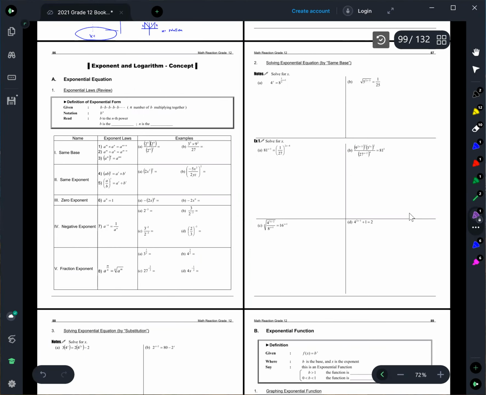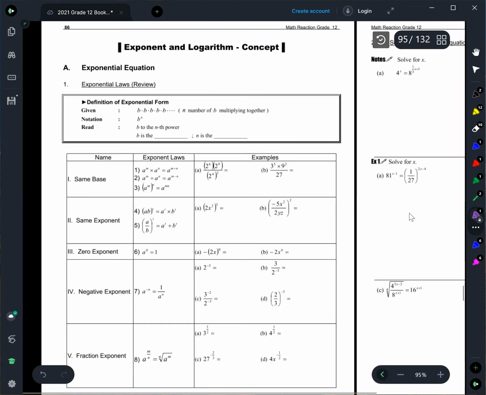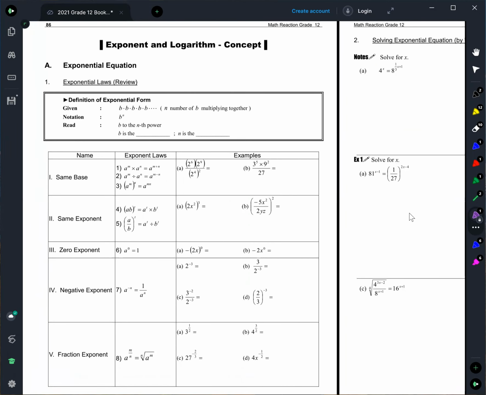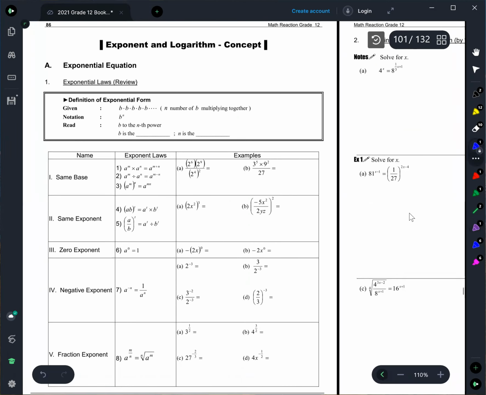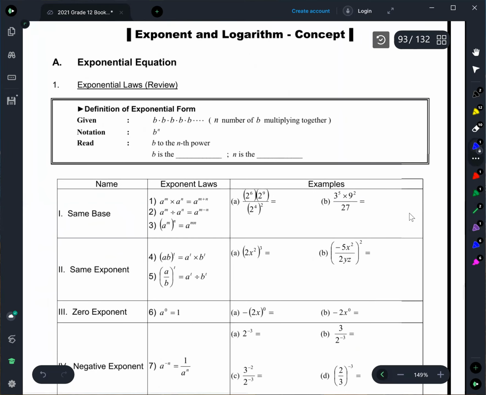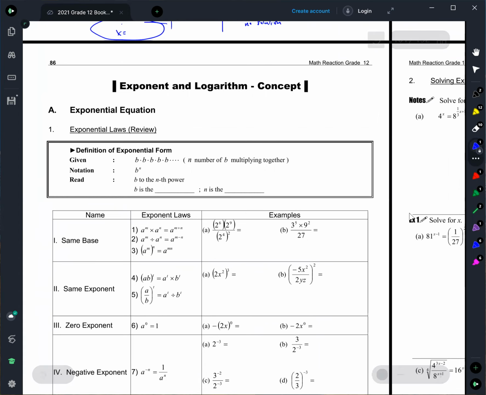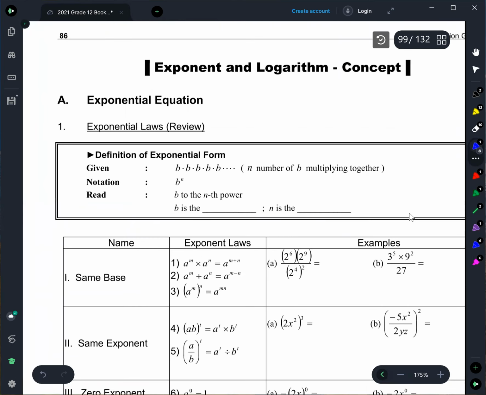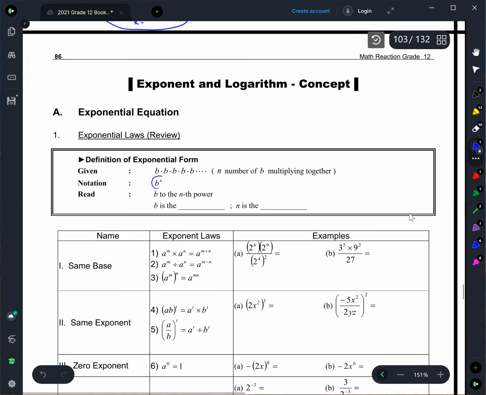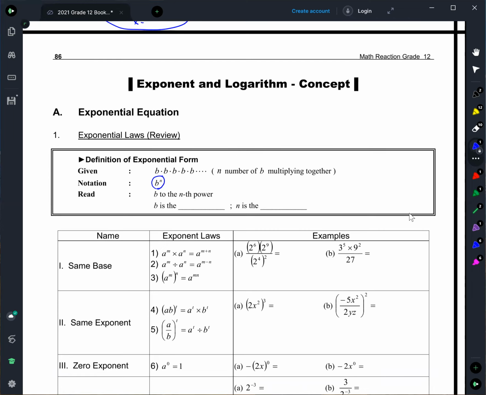So of course, let's start with something easy, right? Review of all the exponent laws that you learned before. If you have a lot of b multiplying together, okay? So everyone please turn to page 86 now. Then we can write it as b to the n. Okay? So the way we say it is we just say b to the nth power.